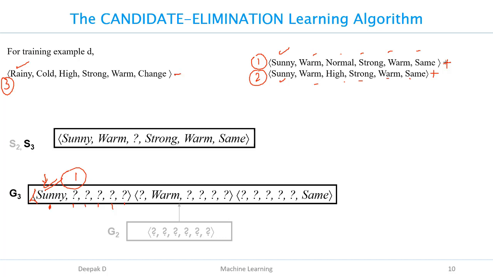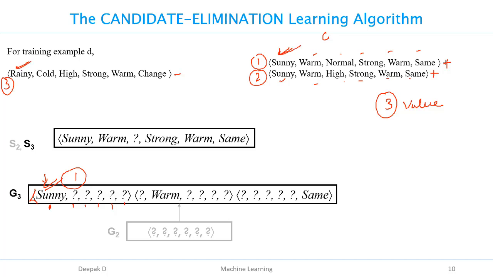Second is, why have I taken sunny here and why have I not taken cloudy? As you know, in concept learning you have 3 different values for your sky attribute, that is rainy, sunny and cloudy. But till now how many types of values have we faced? Only 2 values, sunny and rainy.